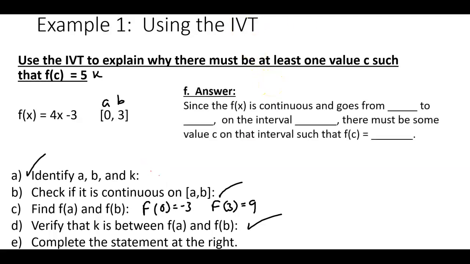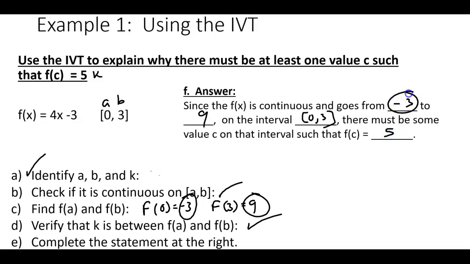Here's how you would word it. Since the function is continuous and it goes from -3 to 9 on the interval from 0 to 3, there must be some value of c on that interval such that f of c equals 5. And there it is.